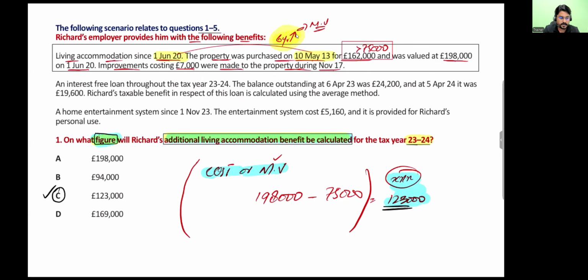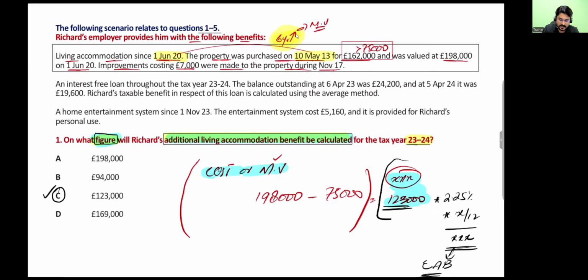So the correct option is option C. And by the way, for the next steps of the calculation, this difference will be multiplied by the official rate of interest, that is 2.25%, and then it is month apportioned, according to how many months the property is used for living purposes. The final amount will be the expensive accommodation benefit.